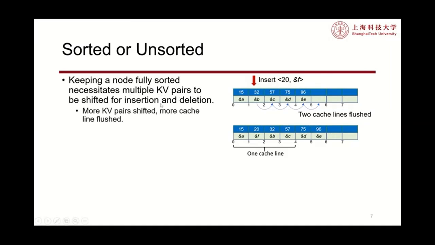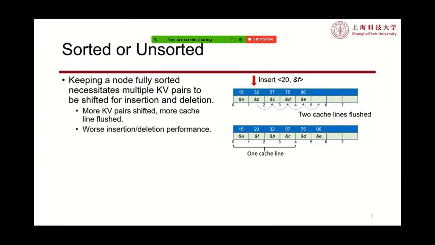More KV pairs shifted means more cache lines are modified, so more cache line flushes will be called. That means worse insertion and deletion performance. So this is the drawback of sorted nodes for insertion and deletion.